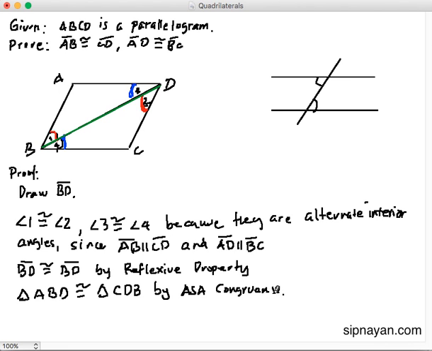Now, alam natin that AB is congruent to, alin ang corresponding parts dito? AB at saka CD corresponding parts sila, di ba? AB is congruent to CD and ano yon?